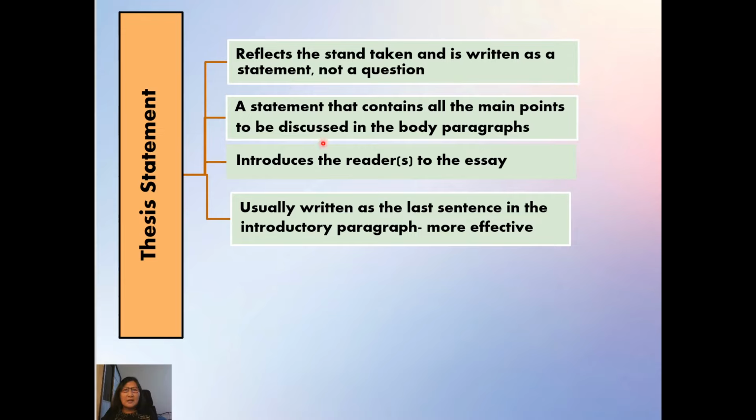It is a statement that contains all the main points to be discussed in the body paragraphs, and it introduces the reader to the essay. A good thesis statement is written as the last sentence in the introductory paragraph for it to be more effective. I repeat, a good thesis statement is written as the last sentence in the introductory paragraph.